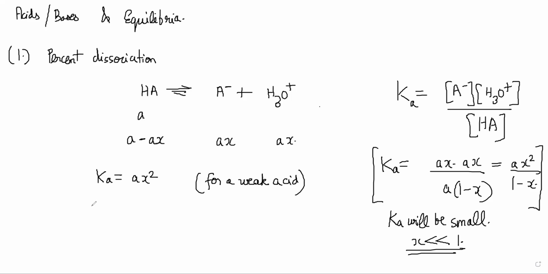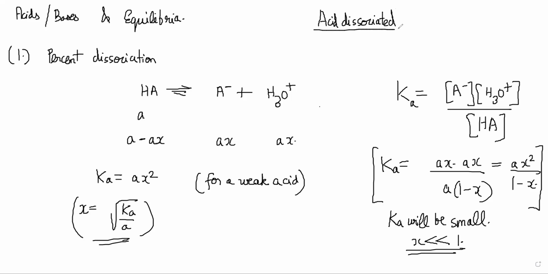and you will be able to get x from here. x will be equal to root over Ka by A. Now this x is technically a measure of what fraction of HA molecules dissociated, acid dissociated by total initial present, which is percentage dissociation into 100.